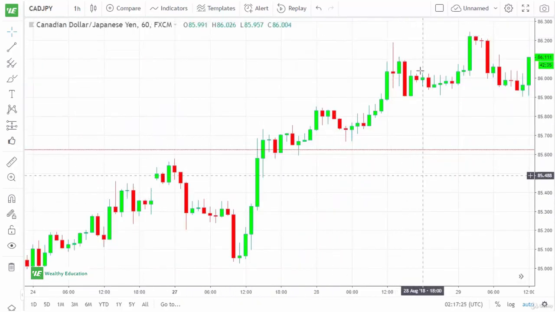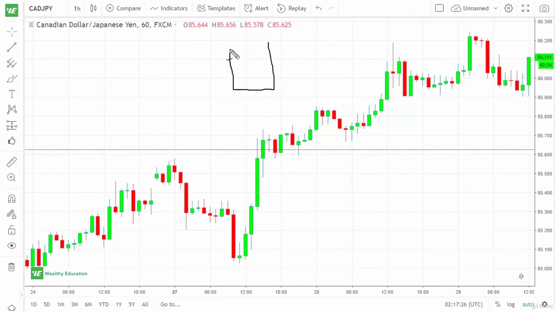So the hanging man pattern is the exact same candlestick, except that in this case the candlestick is at the top of an uptrend. So it shows in this scenario that we're rallying, and then we get into the day, rally a bit more, we pull back, and then we stabilize.